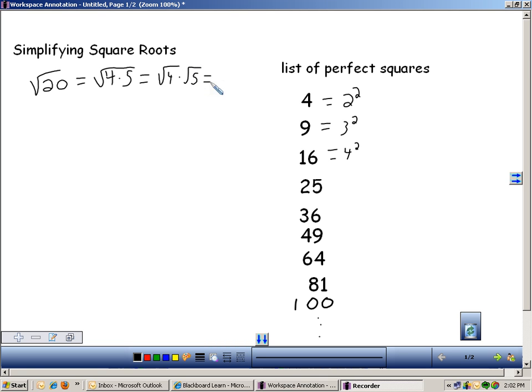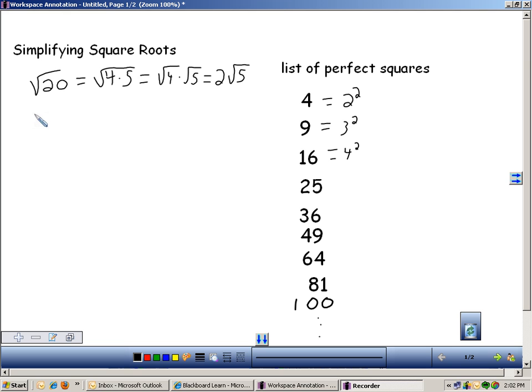And then the square root of 4 you can simplify. The square root of 4 is 2, and there's nothing we can do with the square root of 5. And we're through. The square root of 20 is equal to 2 times the square root of 5. The square root of 5 is not a perfect square factor on my list, and so that means we're through.